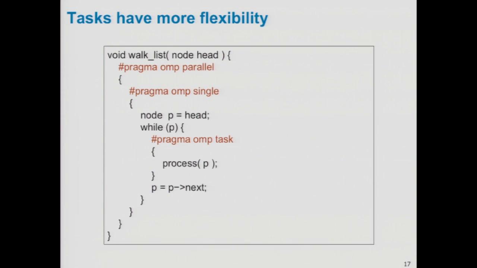So here we have our loop over the elements done sequentially, and then every time we get to a new element, we declare we've got a task, and the task is to process the body of that element. And now we have a parallel iteration over a while loop, which is something that before we introduced tasking really wasn't possible in OpenMP.